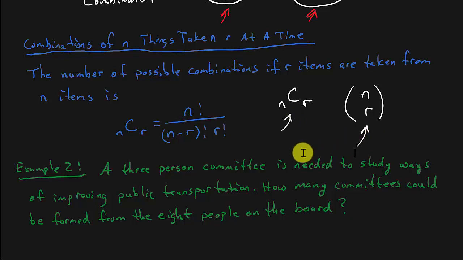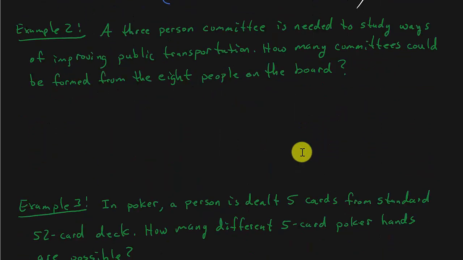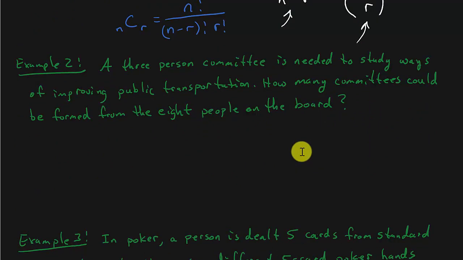All right, let's look at example 2. It says a 3-person committee is needed to study ways of improving public transportation. How many committees could be formed from the 8 people on the board? All right.